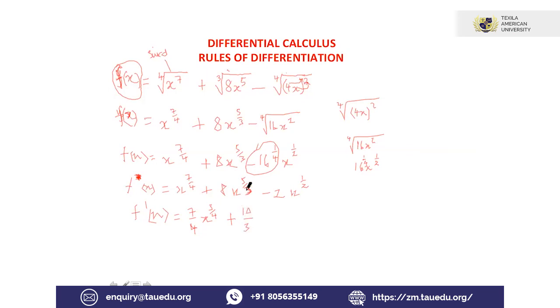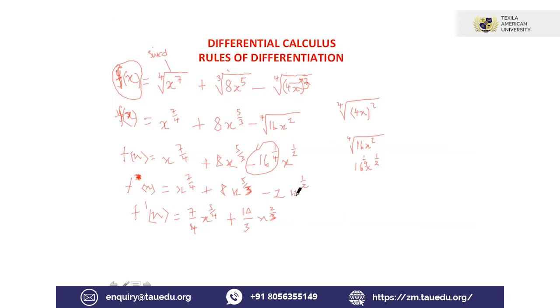Use your calculator: 5 over 3 times 8. Then we have to subtract 1 from the power. 5 over 3 minus 1 will give us 2 over 3, right? So 2 over 3 here. I want to write it clearly.